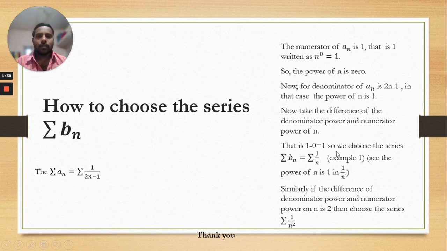So we choose the series summation bn equal to summation 1 over n, in which the power of n is 1. Similarly, if the difference of the denominator power and numerator power of n is 2, then choose the series summation 1 over n raised to 2.